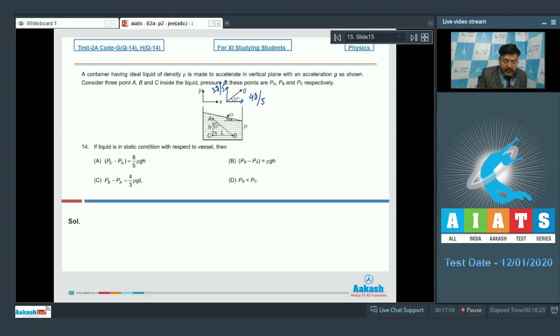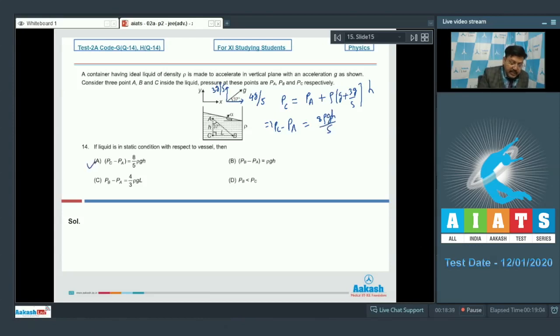Now, if we consider C and A, so PC will be clearly equal to PA plus rho, and then g effective in the vertical direction becomes g plus 3g by 5. So it is equal to g plus 3g by 5 into h, and which gives us PC minus PA is equal to 8 rho gh by 5.